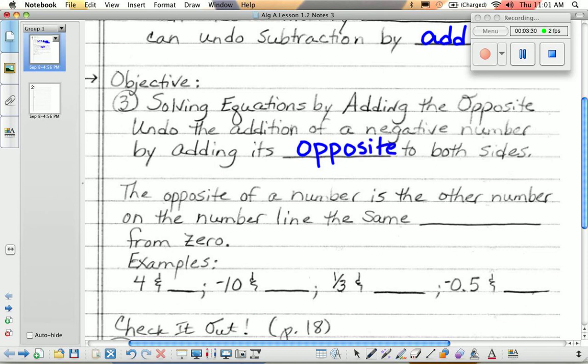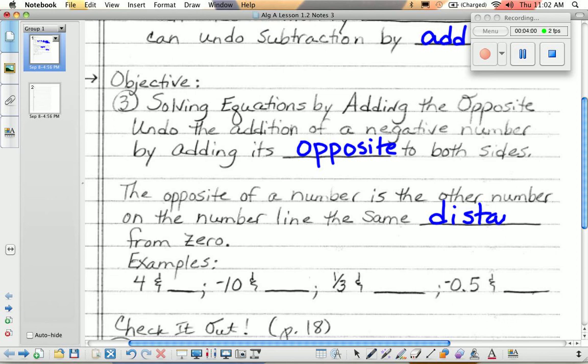We're going to say, oh, there's a negative being added to the variable, so I'm going to undo that by adding the opposite of that number. Stay with me, thank you. What does opposite mean? The opposite of a number is the other number on the number line, the same distance from 0.